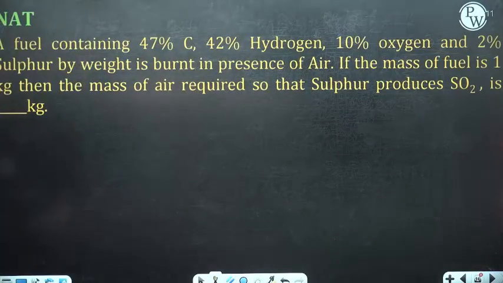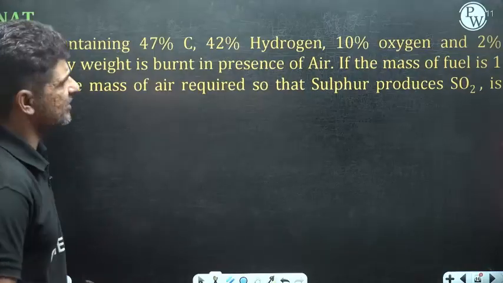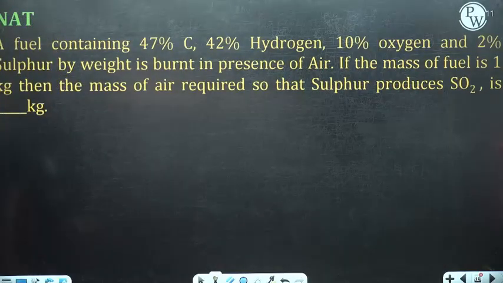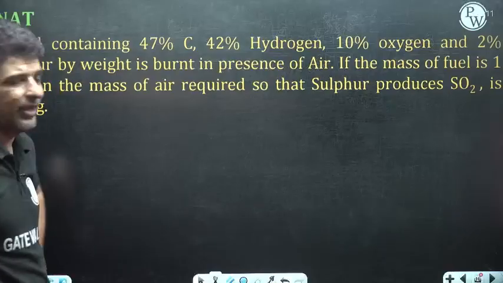It says a fuel containing 47% carbon, 42% hydrogen, 10% oxygen and 2% sulfur by weight is burnt in presence of air. If the mass of fuel is 1 kg, then the mass of air required so that sulfur produces SO2 is. Okay.